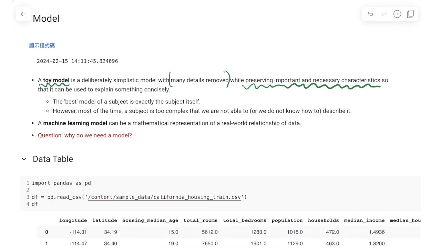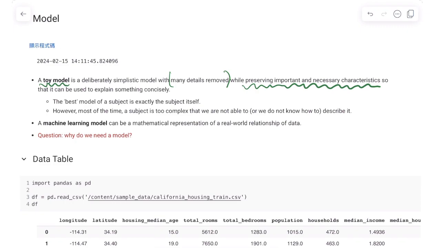Again, for example, a car should have four doors and four wheels, and some characteristics so that you can identify it is indeed a car if you have a car model, right? So that it can be used to explain something concisely.